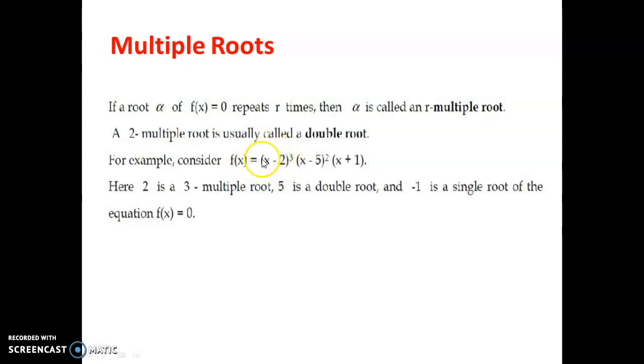That is, x minus 2 whole cube is x minus 2 into x minus 2 into x minus 2. That means 2 comes 3 times as a root of this polynomial. Therefore, we can say that 2 is a 3 multiple root.